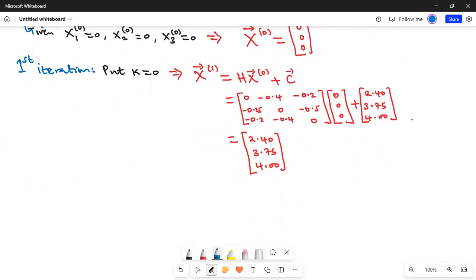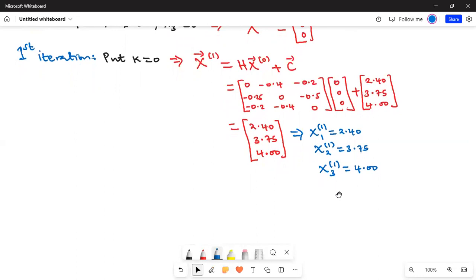It's simply that x1 at level 1 is 2.40, x2 at level 1 is 3.75, and x3 at level 1 is 4.00. That's the first iteration. Let's perform the second iteration.